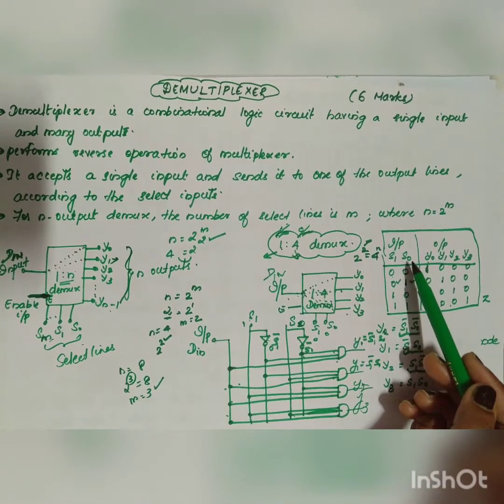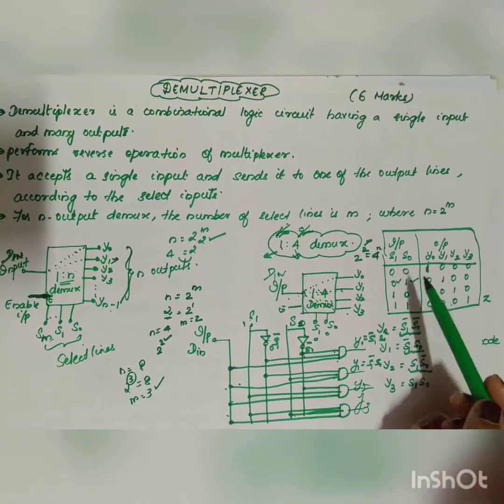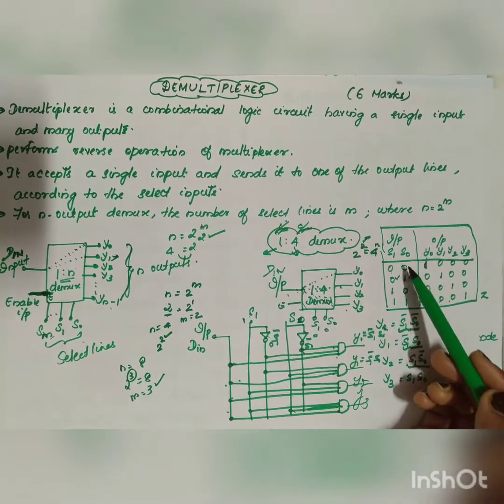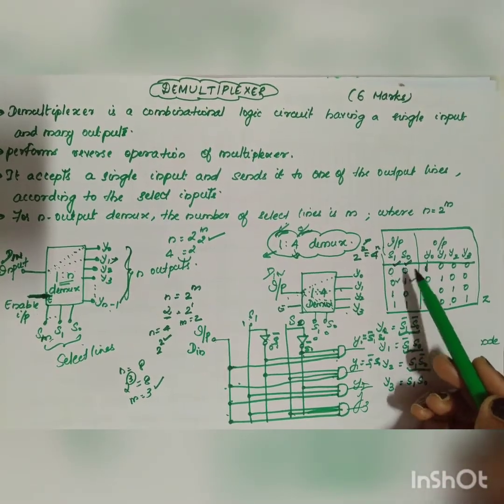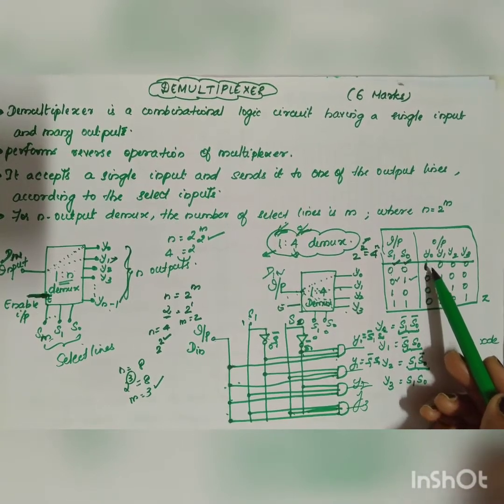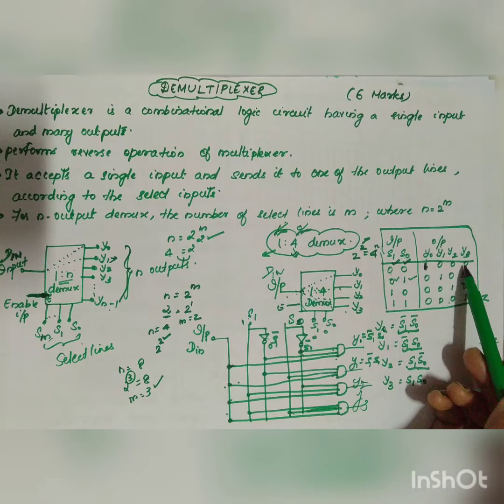So m means your select lines, S0, S1, equal to 2. So what will be your combinations? 0 0, 0 1, 1 0, 1 1. When you have the select lines as 0, 0, your output will be across Y0. Y0 will be 1, all others will be 0.